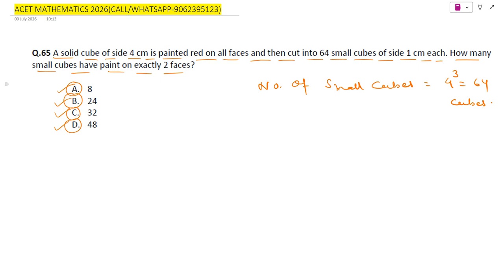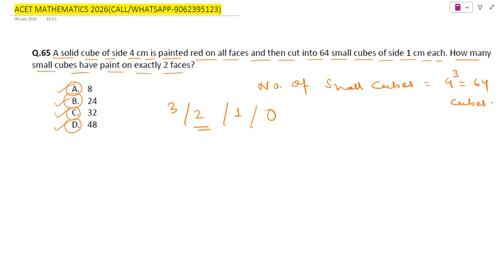Okay. Now think carefully. A cube can have three painted faces, two painted faces, one painted face, or zero painted faces. Today's question asks for exactly two painted faces. Where are such cubes located? Not at the center of a face, not inside, not at the corners.